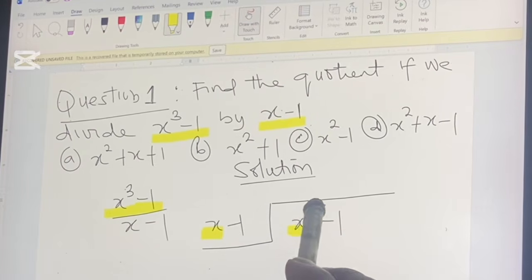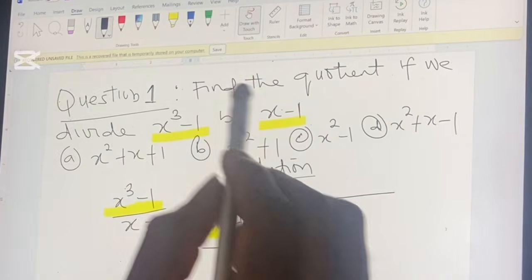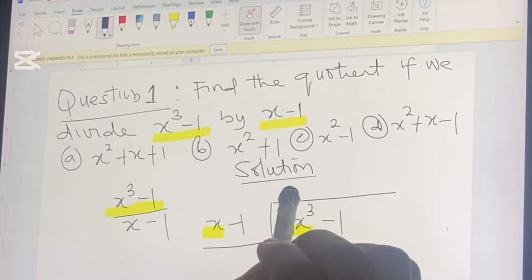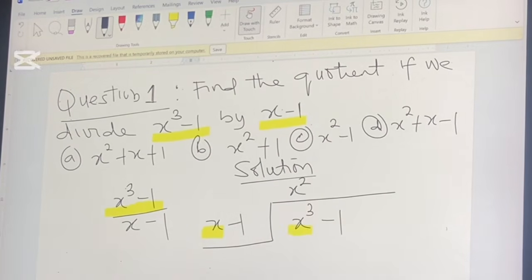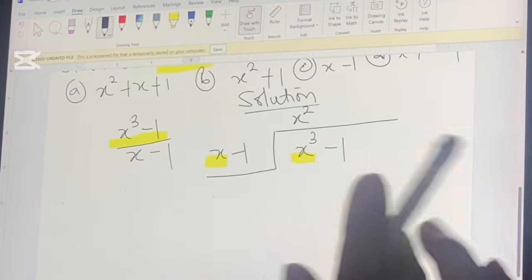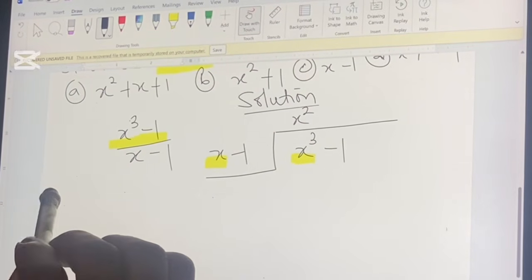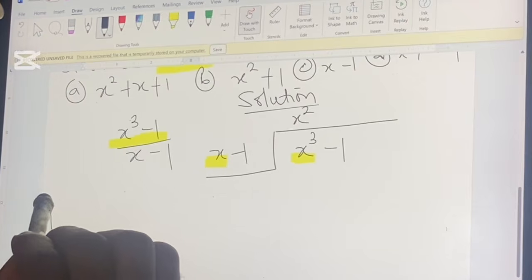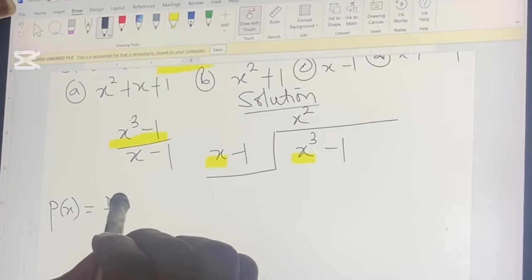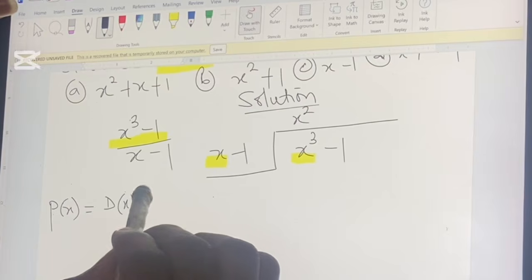So s raised to the power of 3 divided by s will give us s squared. The answer will be written at the top. That is the quotient part, s squared. To get a new polynomial here, the formula is p of s equals divisor times quotient.